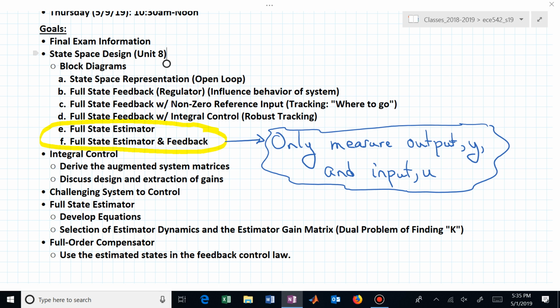Then we'll look at a challenging system to control. By that I mean it now has poles outside the unit circle, zeros outside the unit circle, and if I gave that to you on the final, you might start throwing things at me. Because you might go, well, he gave us a couple of ways of maybe approaching this, but I can't see how it works.